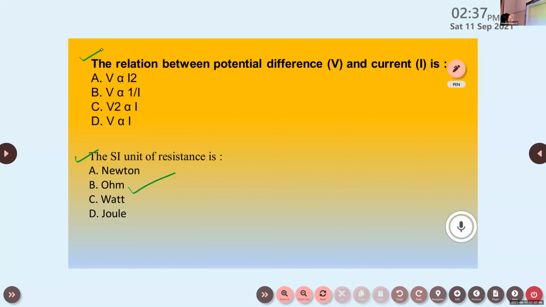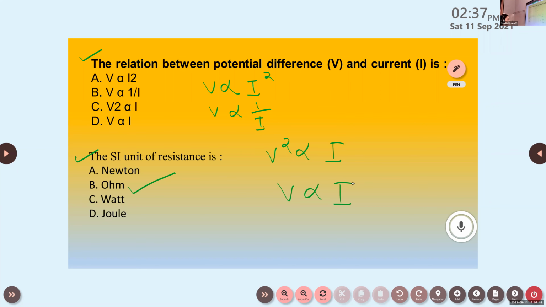The relation between potential difference V and current I is: V is directly proportional to I square, V is directly proportional to 1 by I, V square is directly proportional to I, V is directly proportional to I. Option D, right.